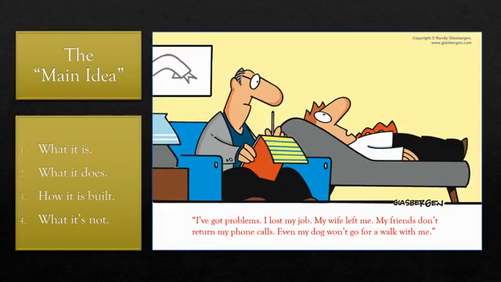So first, we want to talk about what is the main idea. We're going to think about what it does, how it's built, and what it is not. So the main idea is the point. Notice the first picture that we showed is a compass. So the main idea, it gives us our direction.